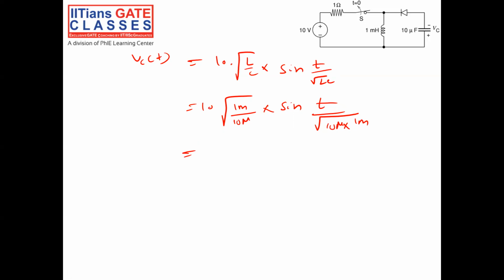I got 10 into root over of 1 milli minus 3 divided by 10 into 10 power of minus 6. Okay, how much is it getting? You got 100 into what?